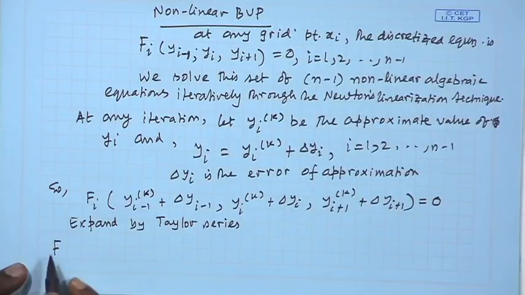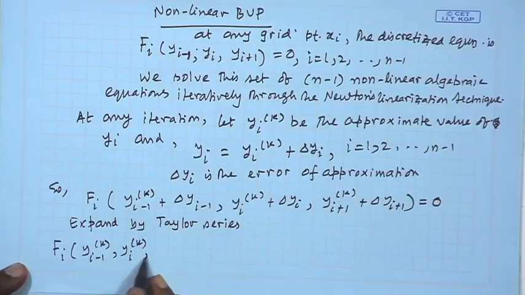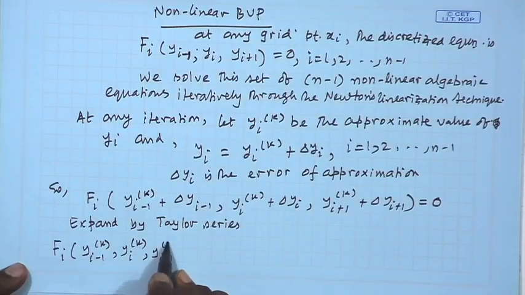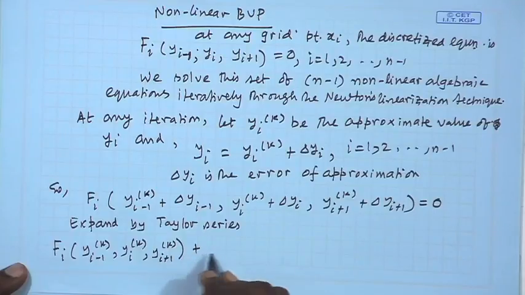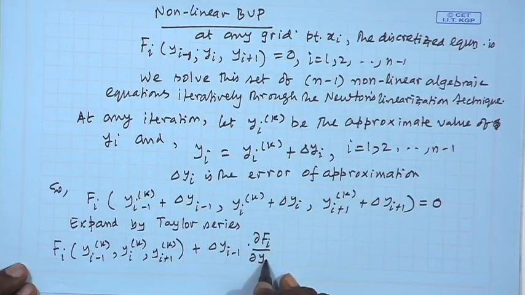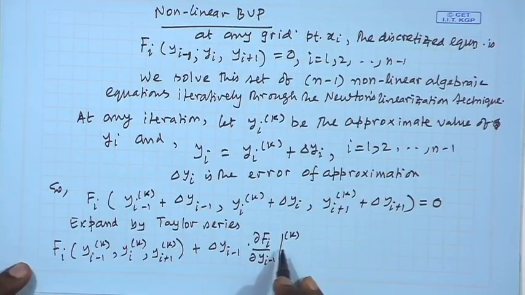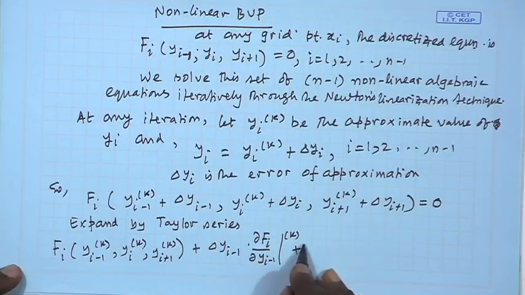So, we get phi of yi minus 1 k, yik, yi plus 1 k, plus delta yi minus 1 into the partial derivative with respect to yi minus 1, since there are three variables here, all evaluated at the kth iteration.